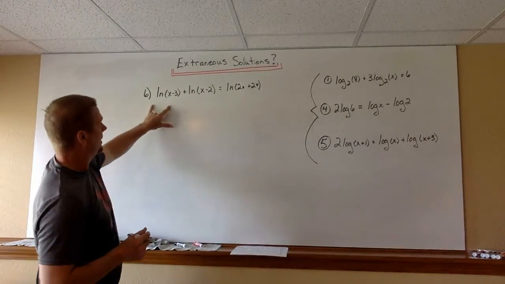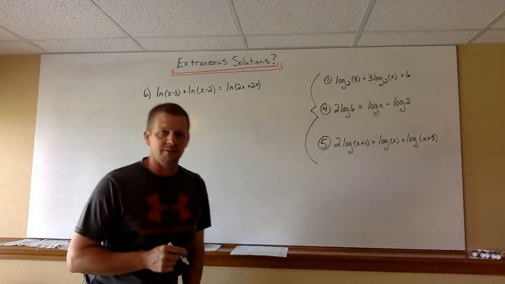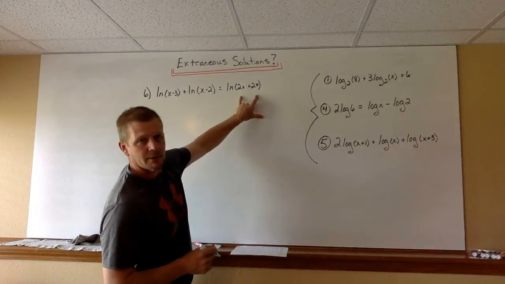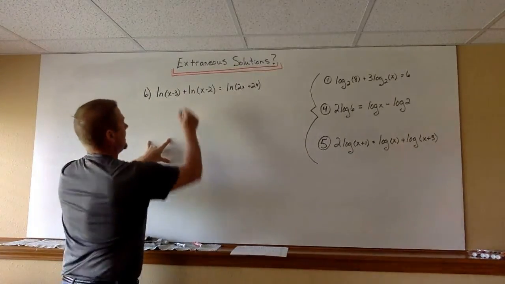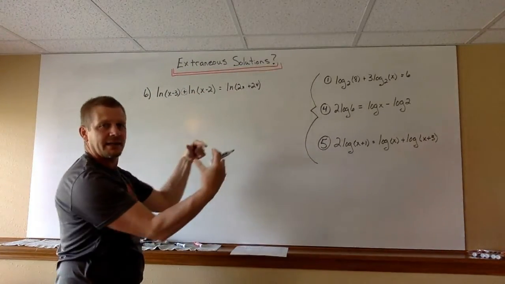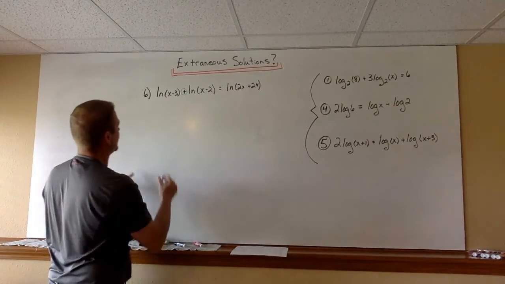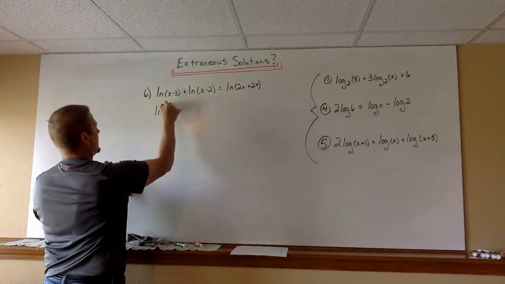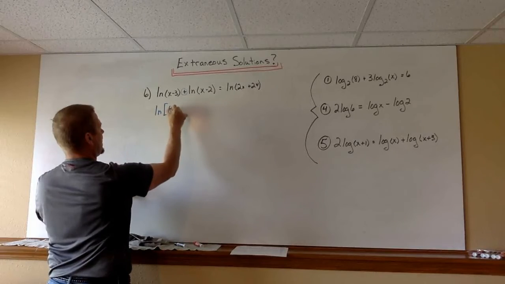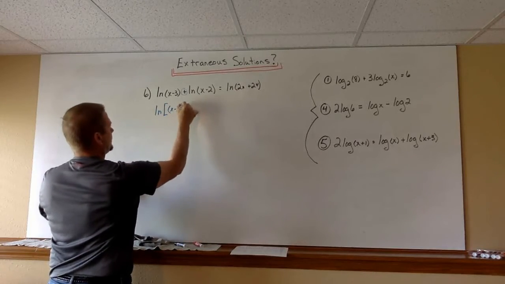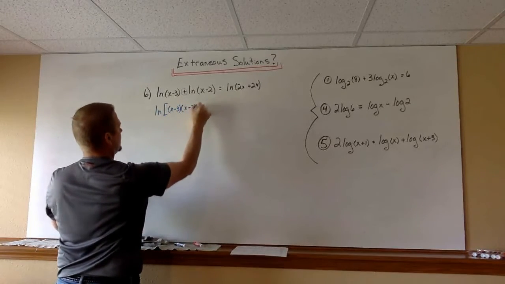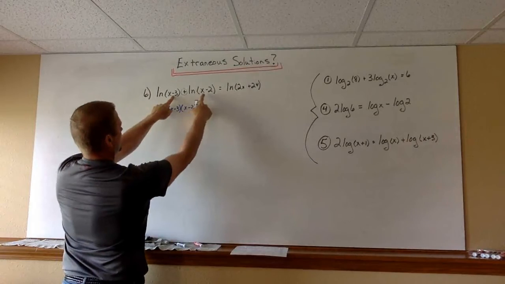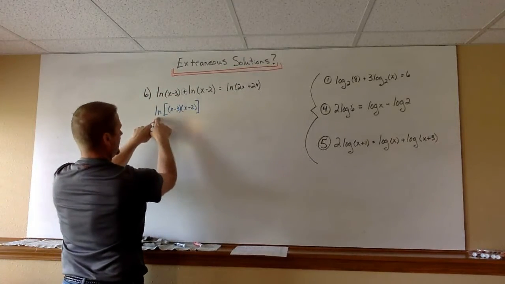So when I'm looking here, I have all kinds of logs all over the place. I only have 1 log on the right, but I have 2 on the left, and they're added together. So I'm going to condense those 2 natural logs together on the left. So that's going to be the natural log. Again, I'm going to show you an extra step when I condense x minus 3 times x minus 2, because I'm multiplying these 2 arguments into the 1 log.